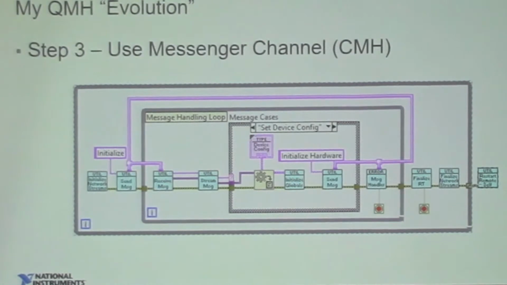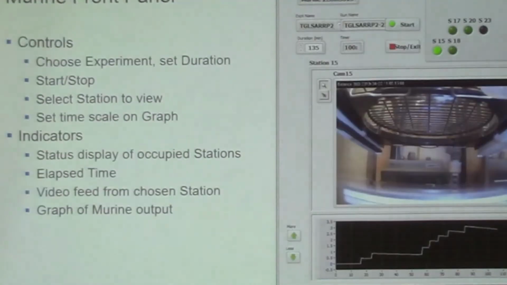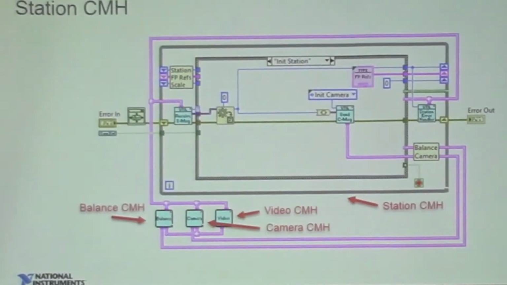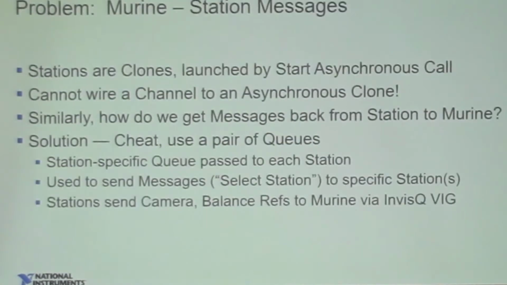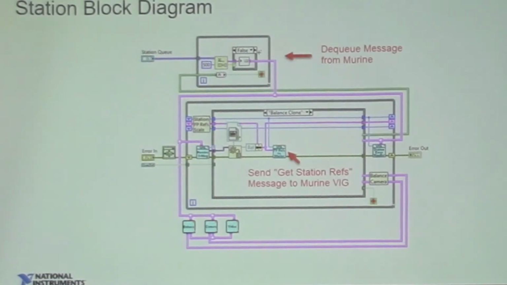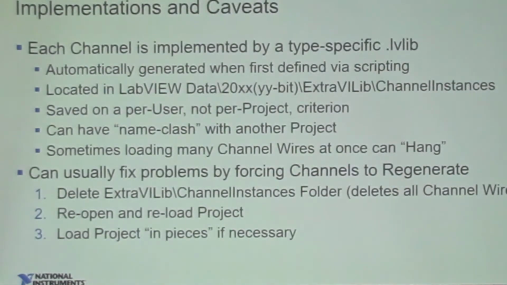Instead of doing start asynchronous call, just put 20 of them out there. I realize that's a limitation to having the flexibility of dynamically launching it. Yes. To me, it seems like one of the benefits of the channel wires is that you are able to create a better graphical visualization of what's happening. Like that station block diagram is a good visual representation of the lower level stuff.